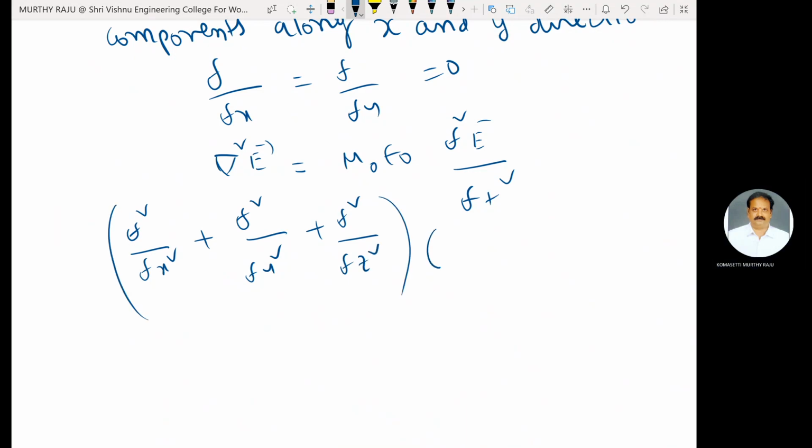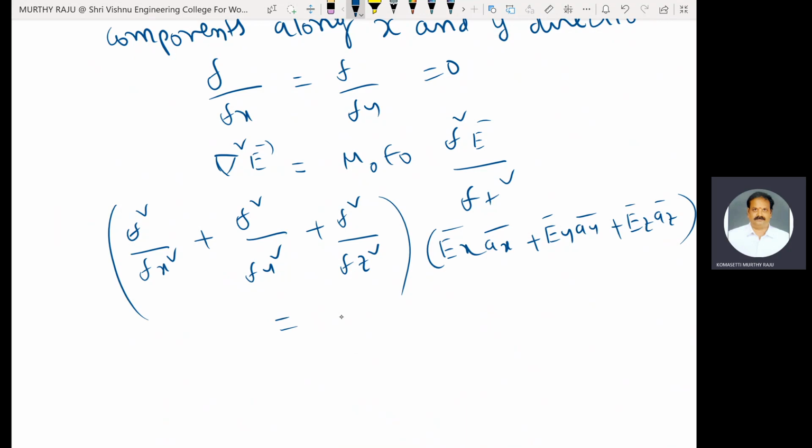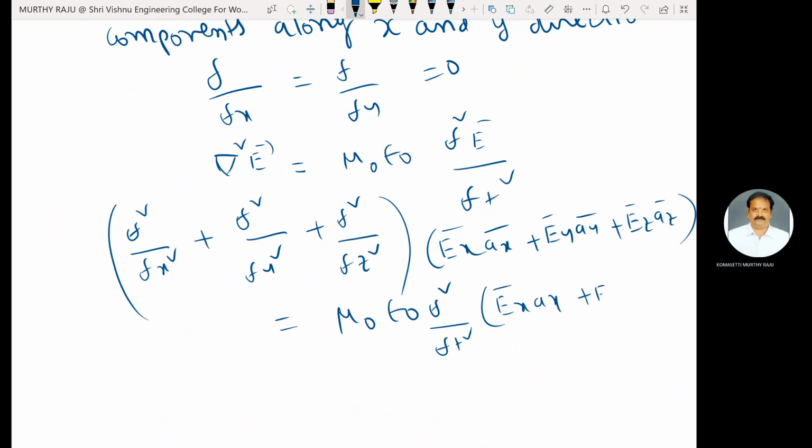E bar is Ex Ax bar plus Ey Ay bar plus Ez Az bar is equal to mu naught epsilon naught dou square by dou t square of Ex Ax plus Ey Ay plus Ez Az.